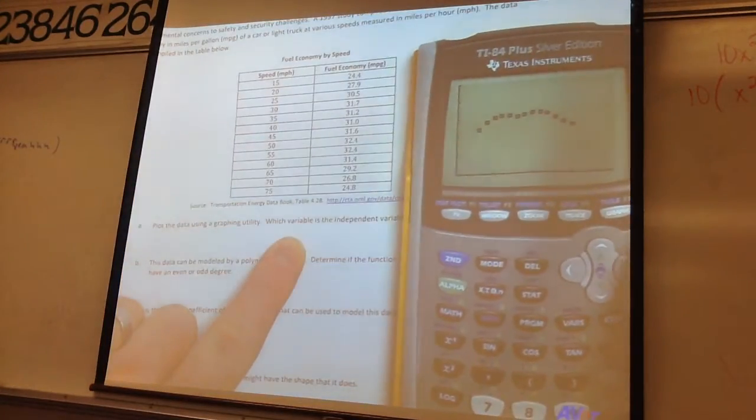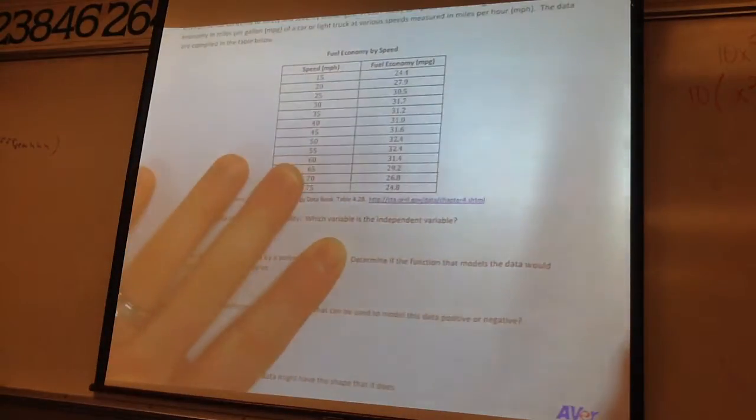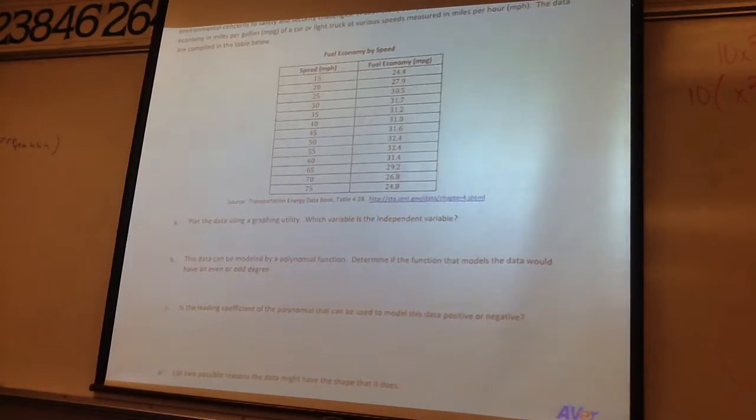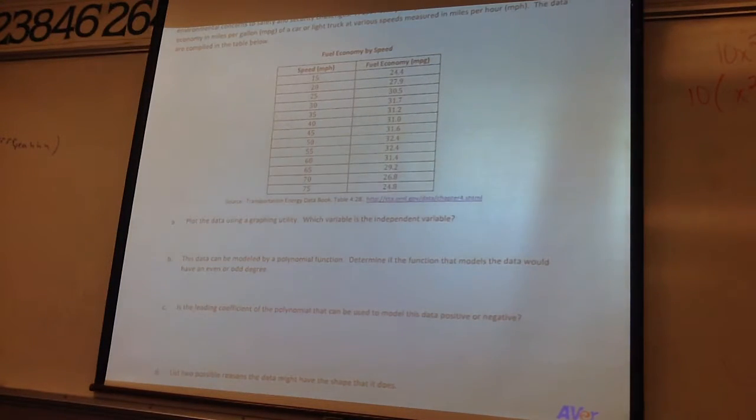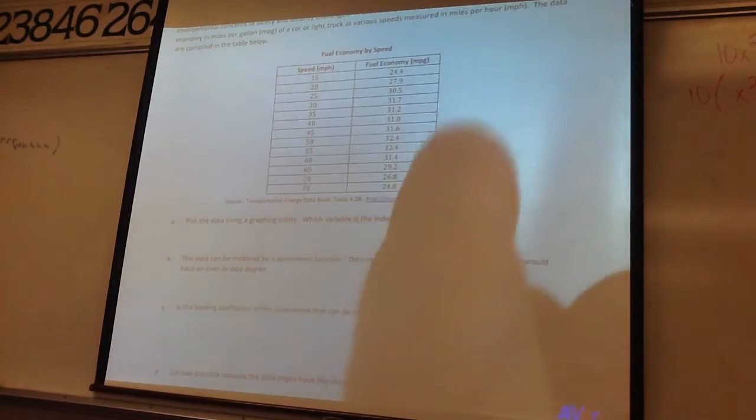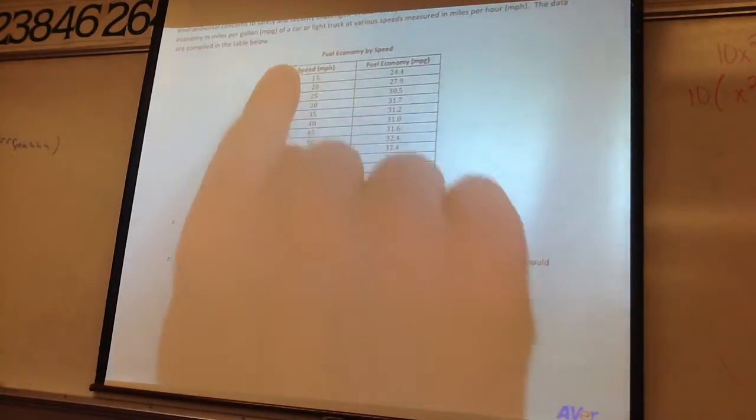Which variable is the independent variable? Speed. Why? Because it doesn't depend on anything. Does the fuel economy you're getting depend on how fast you're driving?